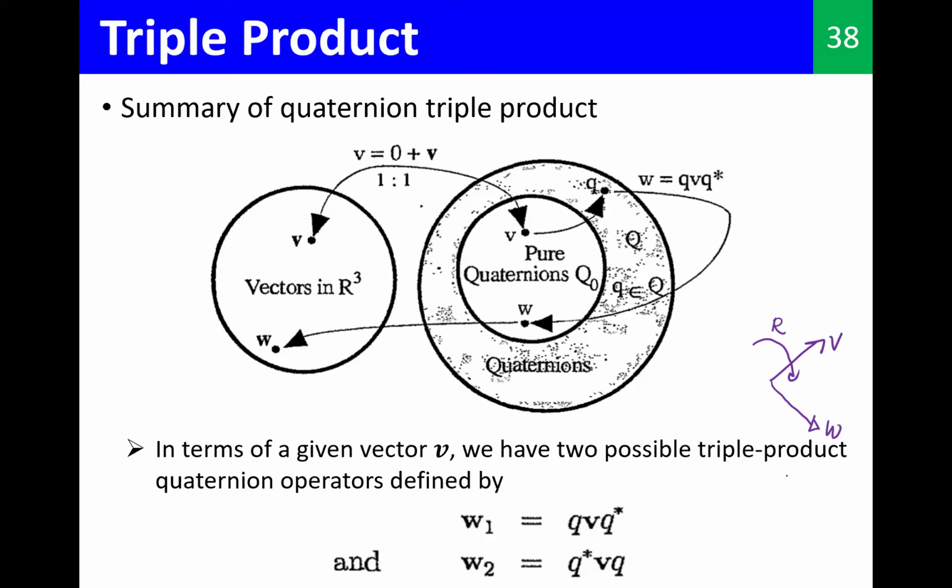Okay, so what are the properties that w should satisfy? If I think about the magnitude of w, it should be equal to what? Should be equal to magnitude of v, right? Because we are only rotating, we are not scaling. Okay, so that's one thing.